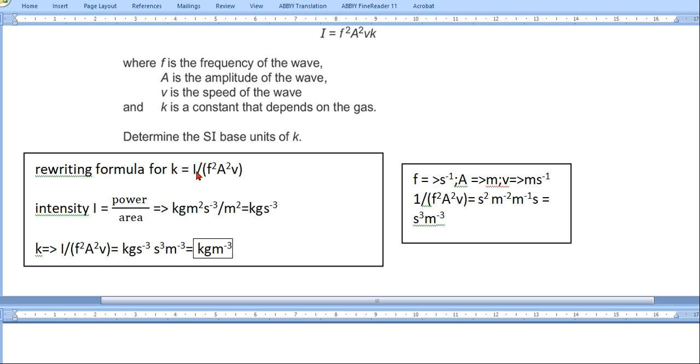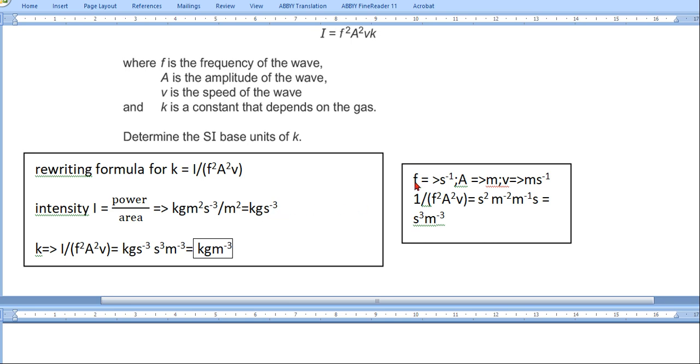We have intensity divided by this expression. So intensity is power by area. So the base unit will be, we use the previous result for power, kilogram meter squared second minus 3. We divide by area, meter squared. We get kilogram second minus 3.